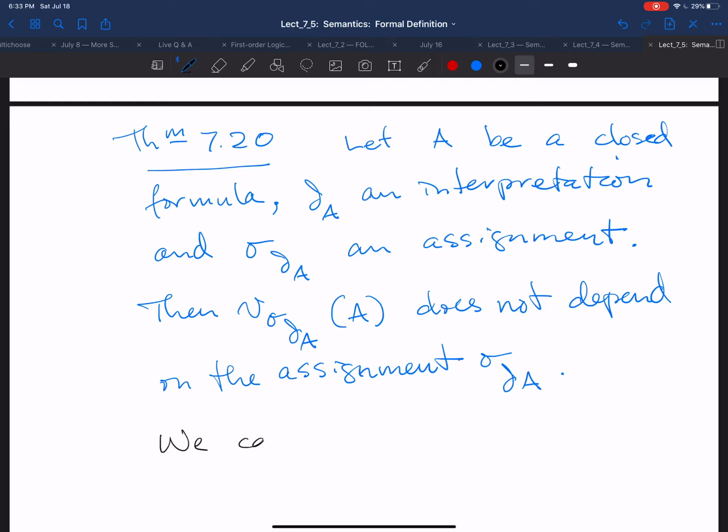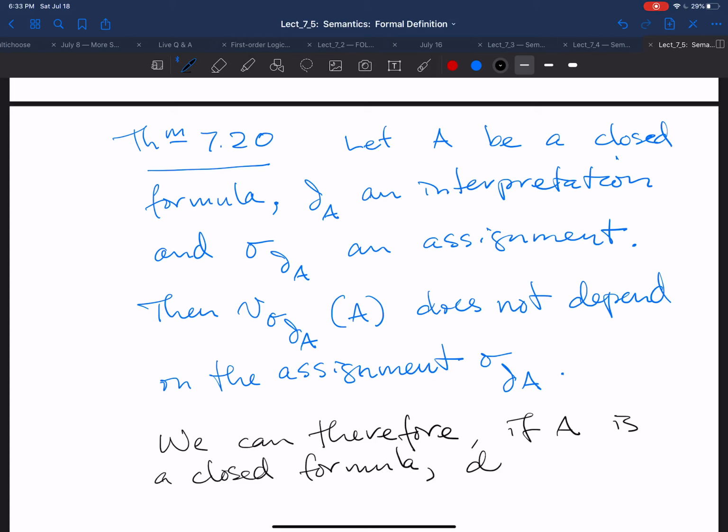So we can therefore, if A is a closed formula, simply denote its truth value V sub I of A, without mentioning the assignment.